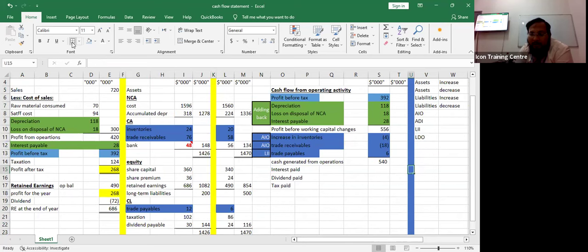So we will subtract here 28 because whatever was charged we have already paid. There is nothing at the end of the last year and nothing at the end of the current year. So whatever is charged, we have paid.